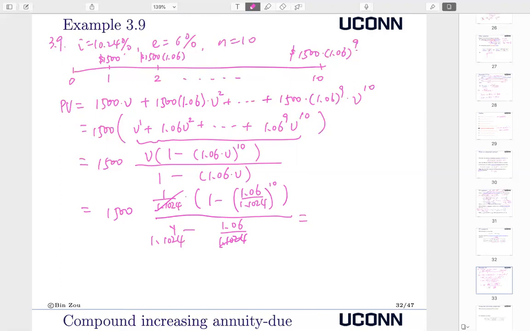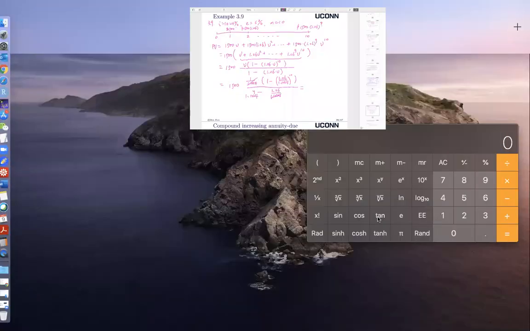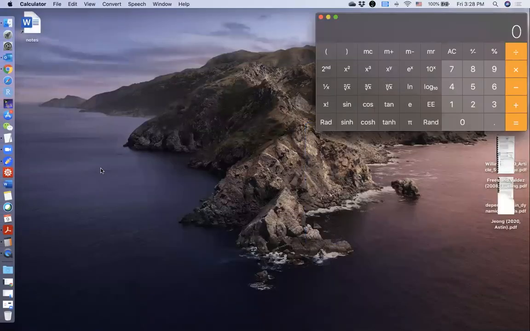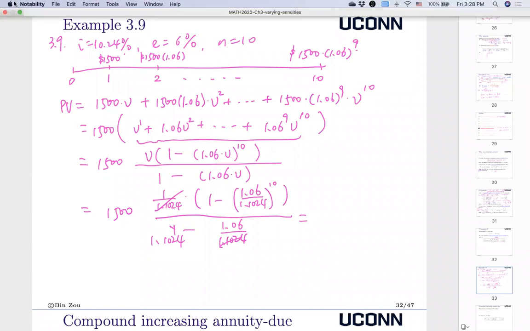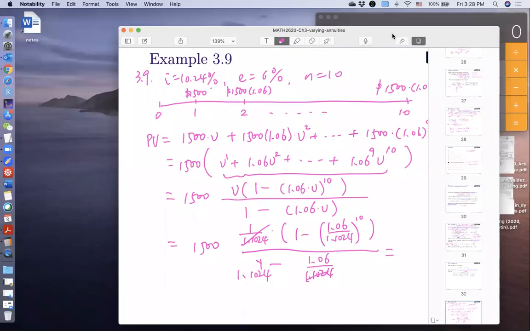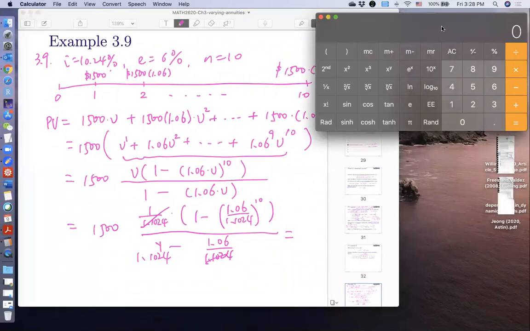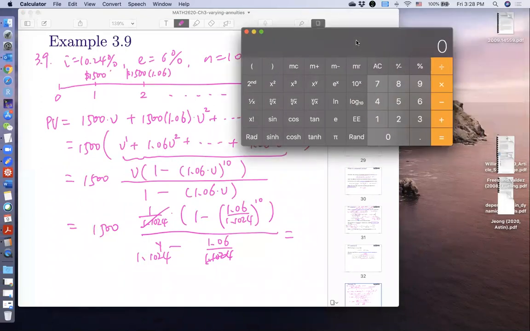By the way, let me use the built-in calculator to show you how I usually calculate this. Let's do a quick calculation. The way I usually do it is I like to compute everything in one step. I don't like to write down anything in between, but that takes some training. Let's start with the numerator.